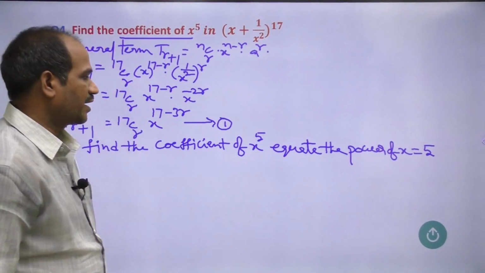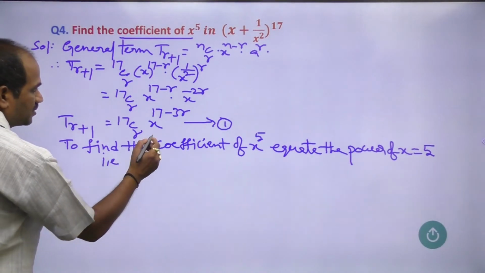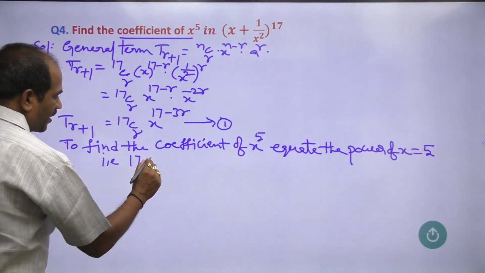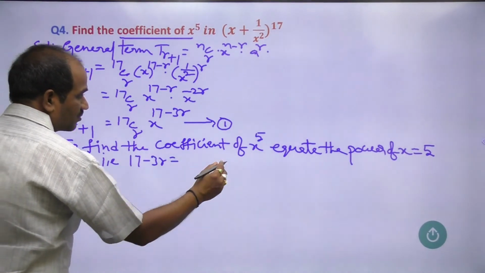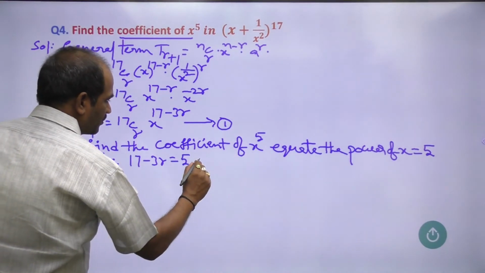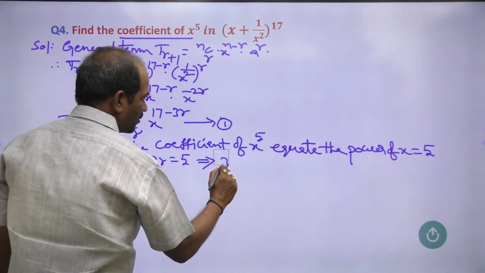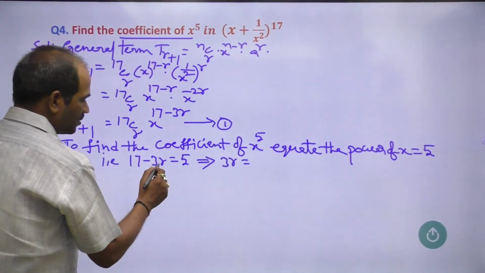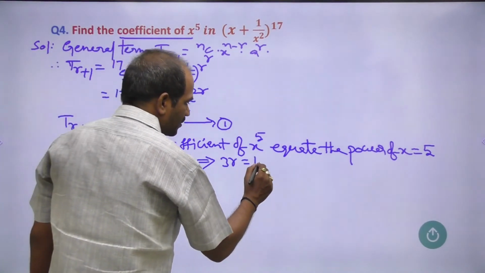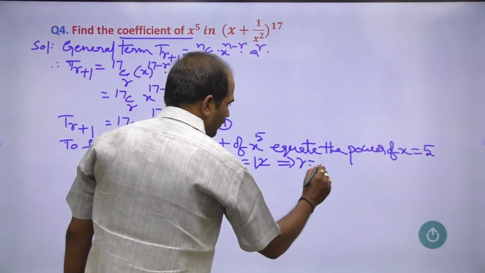Next, the power of x is 17 minus 3r, and equating it to 5: 17 minus 3r is equal to 5. So 3r is equal to 17 minus 5, which is 12, so 3r equals 12 and r value is 4.